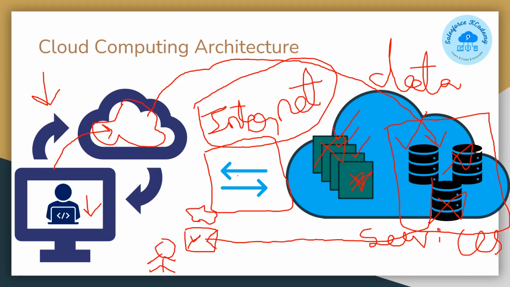Whenever you are working with Salesforce, the code you are writing is not at one place, and your main data is not at one place. It is at multiple places. And you can access that Salesforce data by using the internet, even from your mobile or your PC.